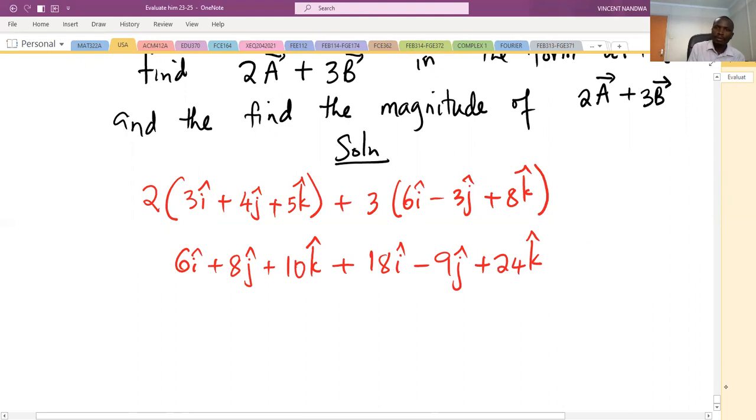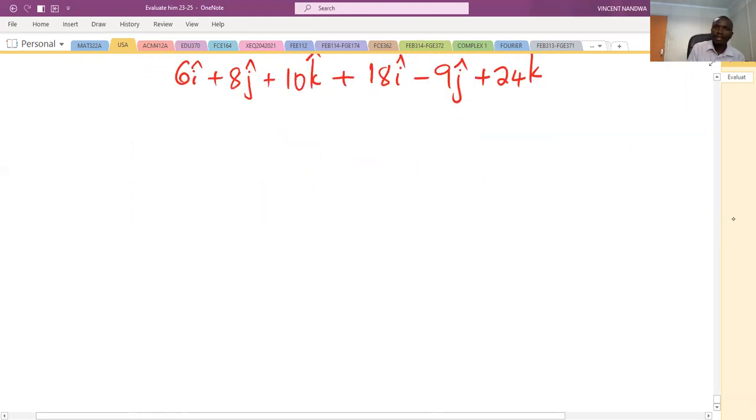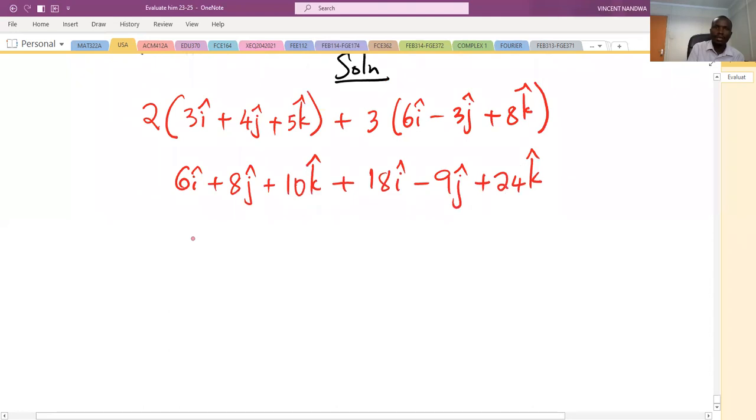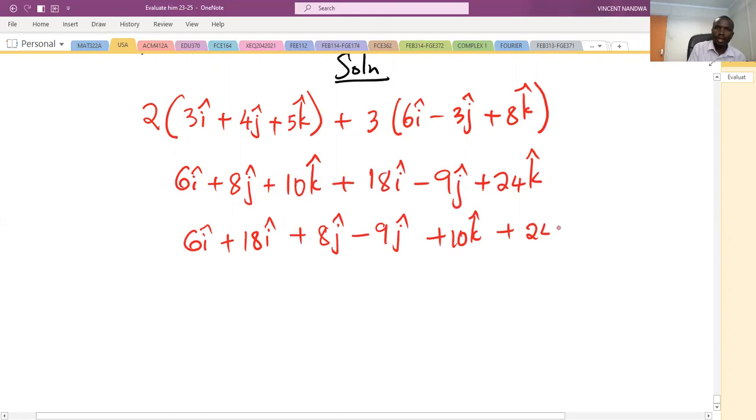So you add corresponding vectors: i's together, j's together, and k's together. We have 6i plus 18i, plus 8j minus 3j, plus 10k plus 24k. So this will give us 24i plus 5j plus 34k. So that's the first part.